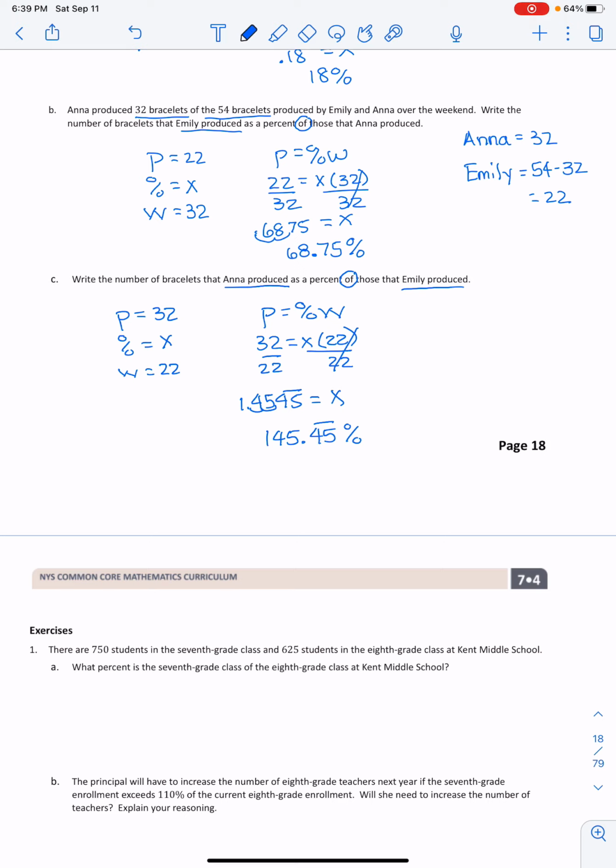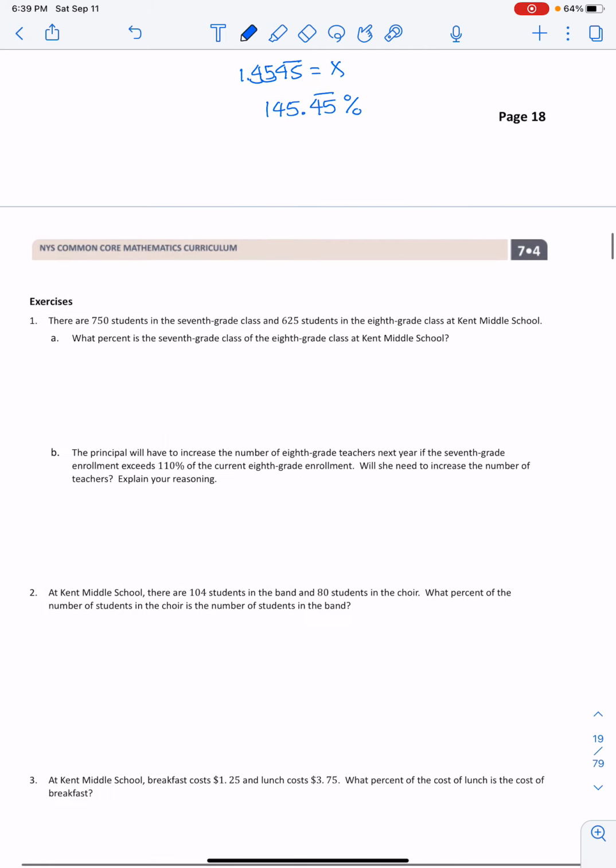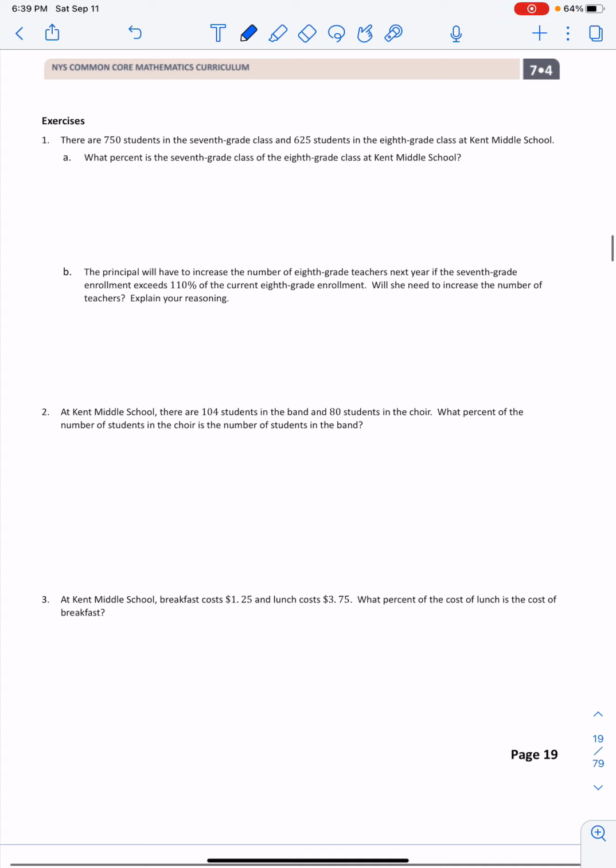So next, the question is, there are 750 students in the 7th grade class and 625 students in the 8th grade class at Kent Middle School.